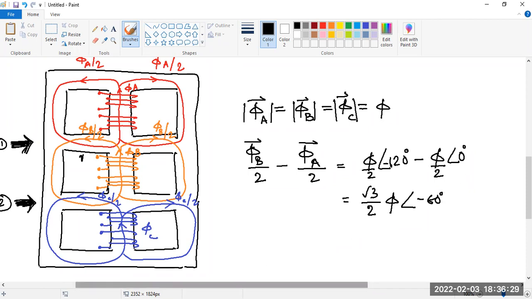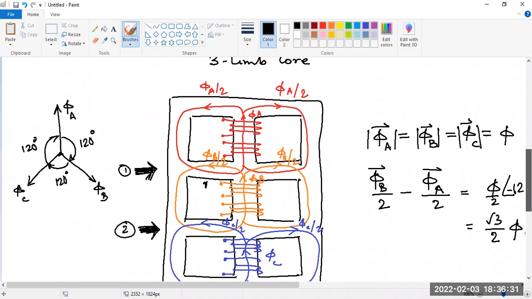So you did it analytically, but you should know that our phasors are also called vectors. So vectorically, very easily we can do this. How can we do that? We have to draw minus phi a.